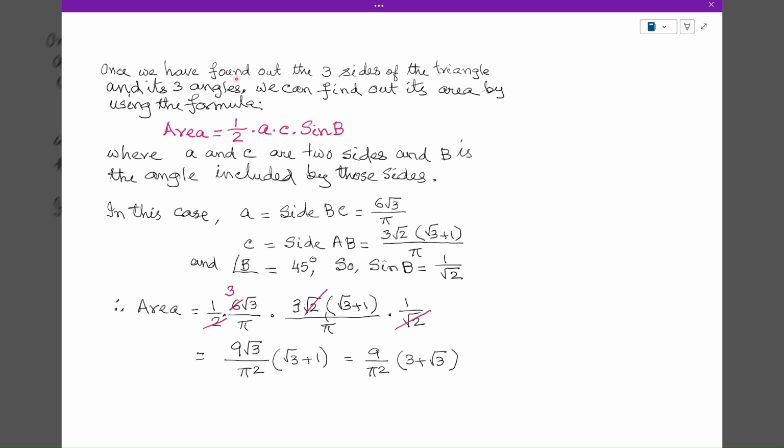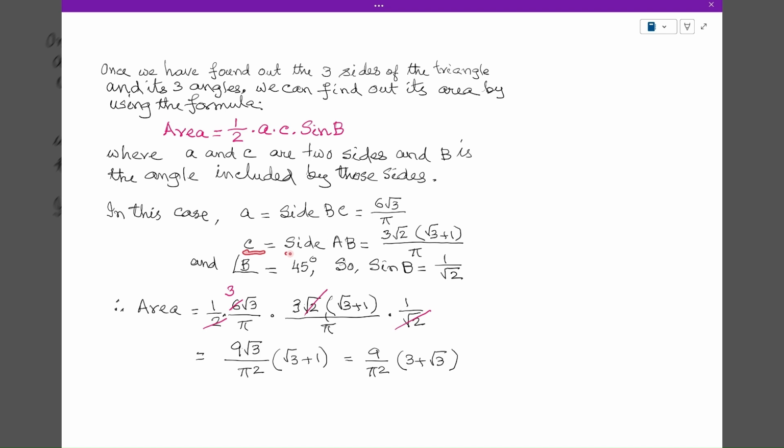Once we have found out the three sides of the triangle and its three angles, we can find out its area by using the formula area is equal to half multiplied by A multiplied by C multiplied by sine B, where A and C are two sides and B is the angle included by these two sides. In this case, A is equal to side BC, which is 6 root 3 divided by pi.